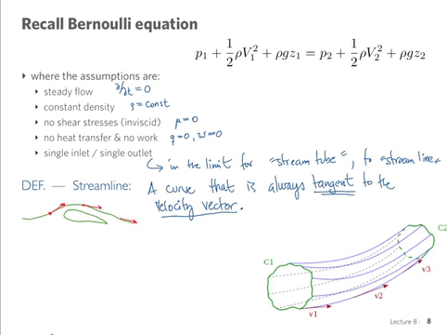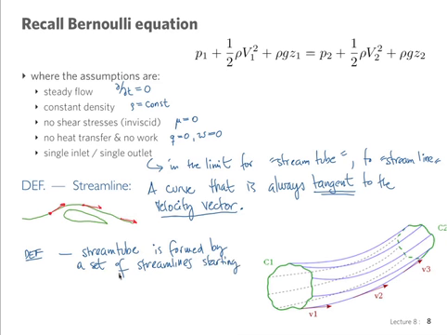Now a stream tube, which is drawn here in this cartoon, is formed by a set of streamlines starting at points that form a closed loop, as in this cartoon.